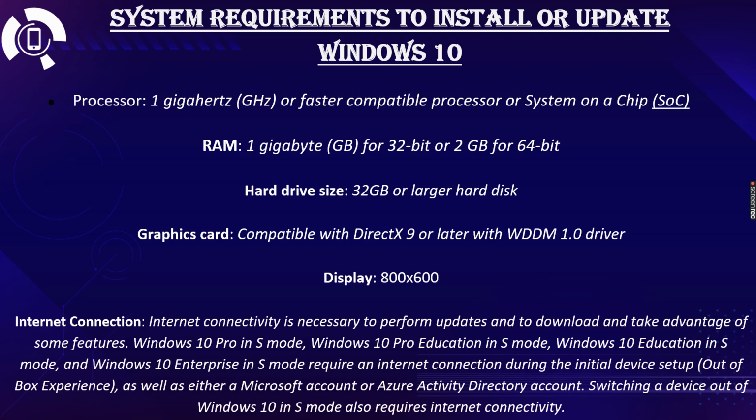Graphics card: compatible with DirectX 9 or later with WDDM 1.0 driver. Display: 800 by 600 resolution. Internet connection: internet connectivity is necessary to perform updates and to download and take advantage of some features.